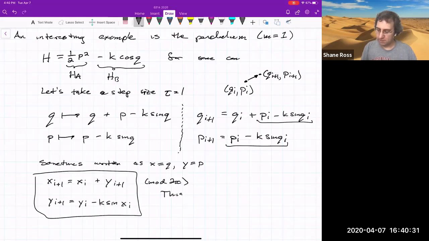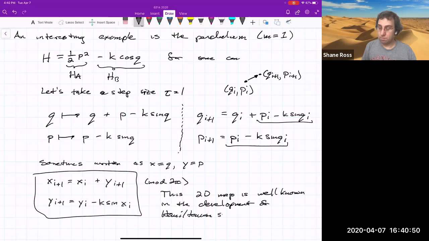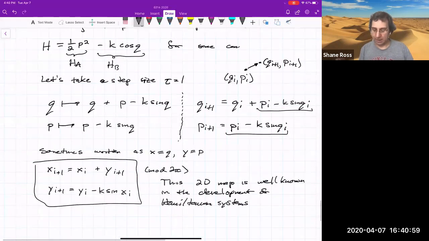This 2D map is well known in the development of Hamiltonian systems. And it's so well known that they didn't even give it a name. They just called it the standard map.